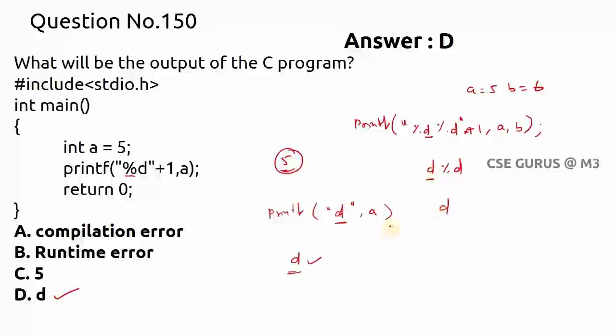Like this, so there is no percent, so D will be printed. Percentile D means value. Which value will be taken, the A value or the B value? Percentile D means format specifier. If there is a percentile, then only it treats it as a format specifier. Now here percentile D means it takes a value. So what is the first number? It won't take B, it takes the first variable, which is A. So the value is 5. So D5 will be the output if I write like this.